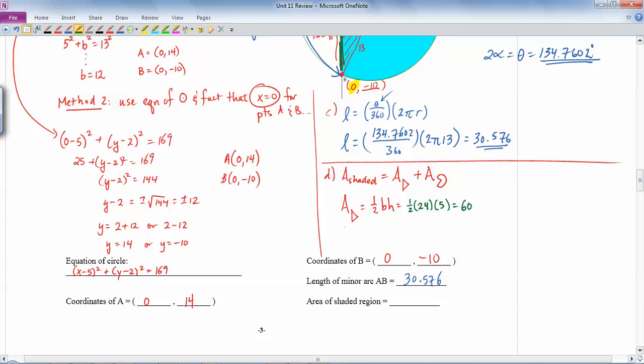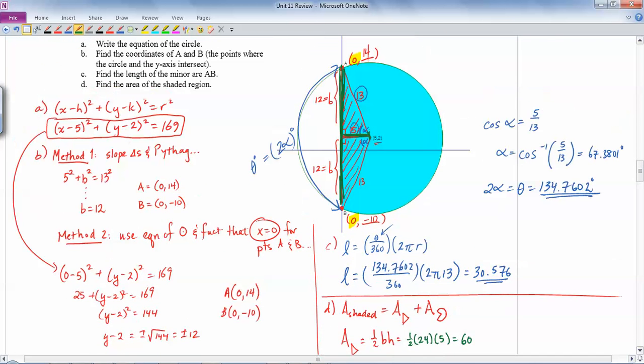The area of the Pac-Man shape, it's a sector, so it's going to be some angle over 360 times pi r squared. And the angle that we want is this angle. Well, that's 360 minus 2 alpha.